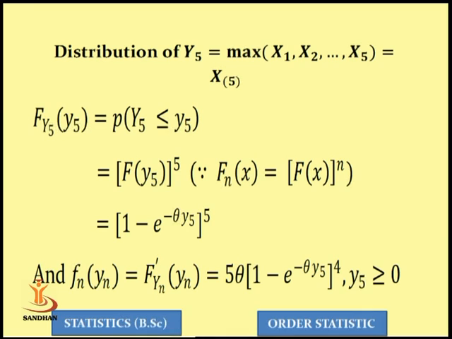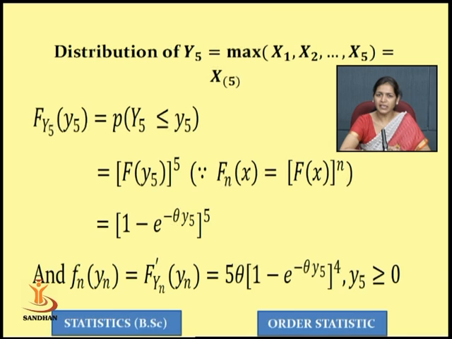Similarly, the distribution of the maximum order statistic. Again you have the formula: the distribution function of the largest order statistic is of the form F of x power n. So here it is F of y5 power 5 because our n is 5.